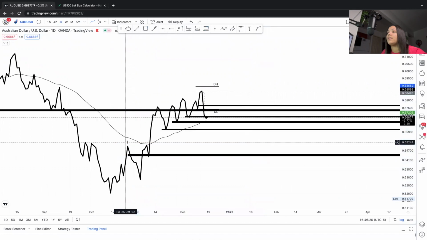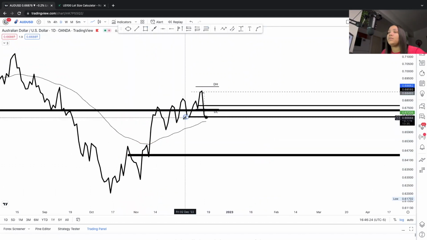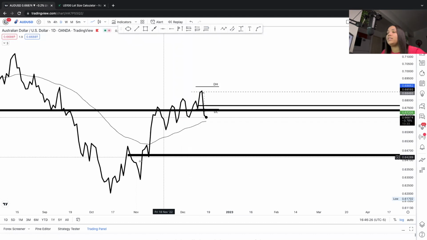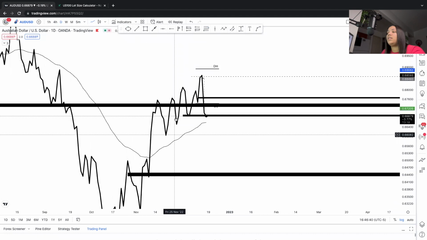So all you have to do is continue to wait and be patient and see what the market gives you. The overall low would be around the 64,360 area. If price continues to break lows, and it breaks this low, you can expect price to come to this level here.